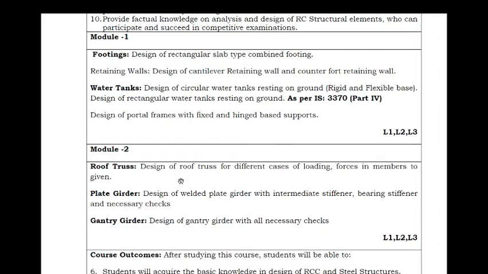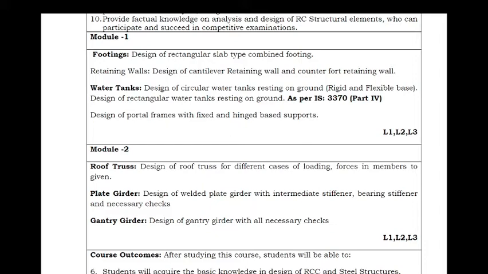Now whatever the module 1 and module 2 are, this subject design of RC and steel structure requires the knowledge of the basic elements or basic structure design. For example, in your design of RCC structure in the earlier semesters, you may have studied what is limit state, what is working stress, the difference between those, and you may also have learned the design of basic structural elements. Like in RC structure, you may have designed a beam, maybe a singly reinforced beam or a doubly reinforced beam, T beam.